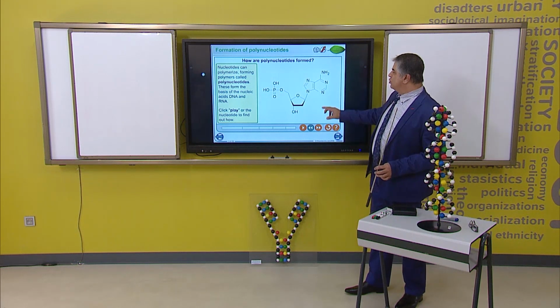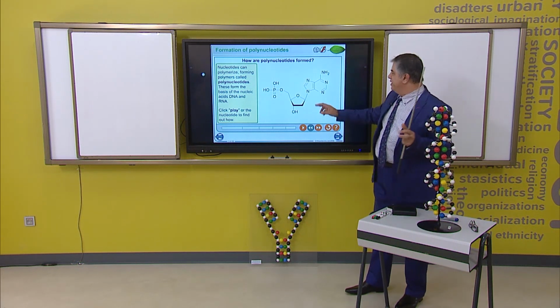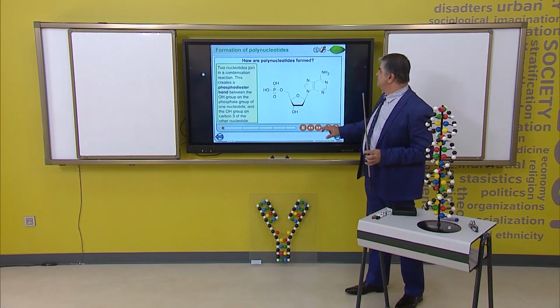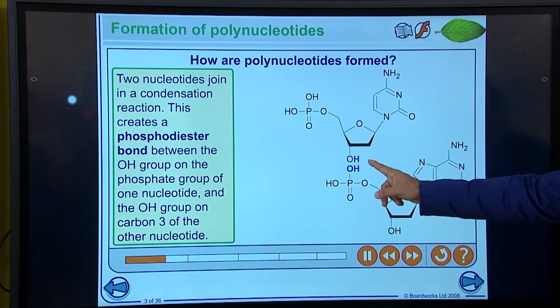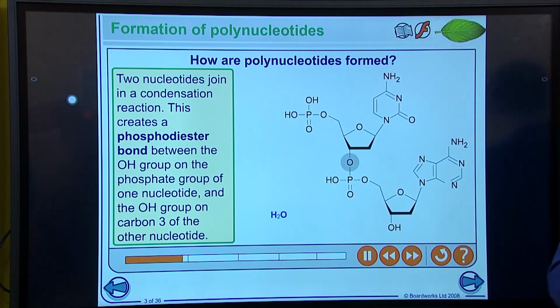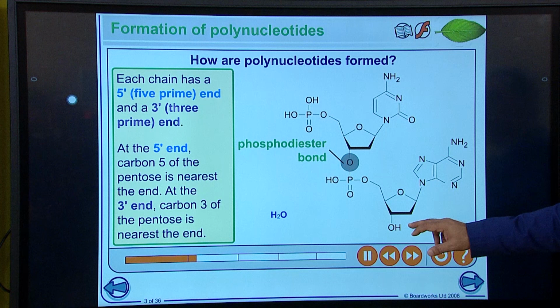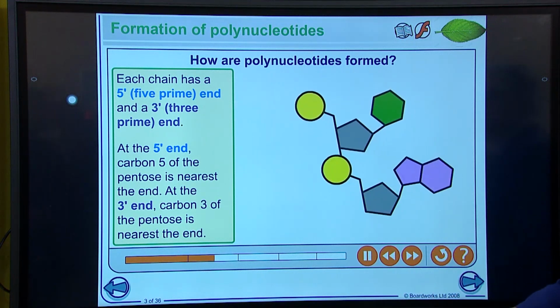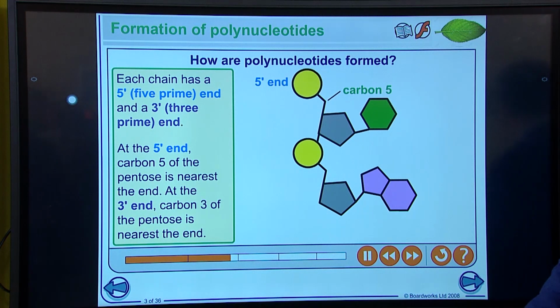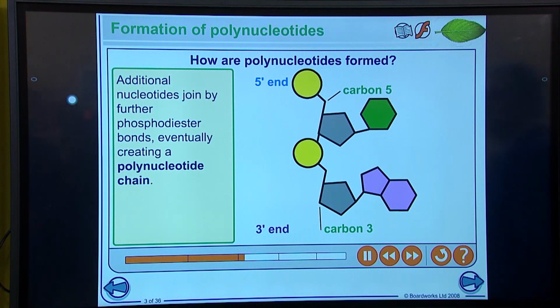Now, these nucleotides can be joined together, right? By a similar condensation reaction, another molecule of water is lost. So each nucleotide connects to the next, losing a water molecule, and therefore forming this chain, which is called a polynucleotide chain.